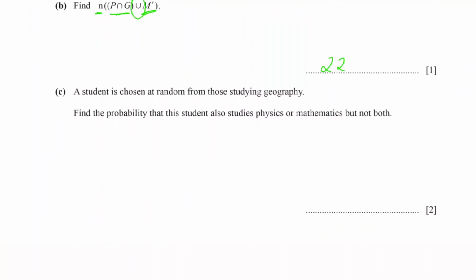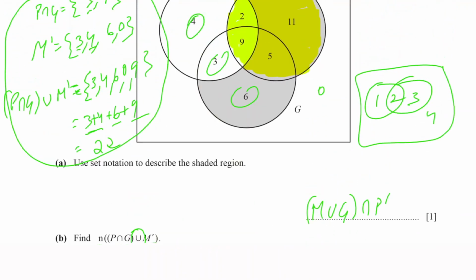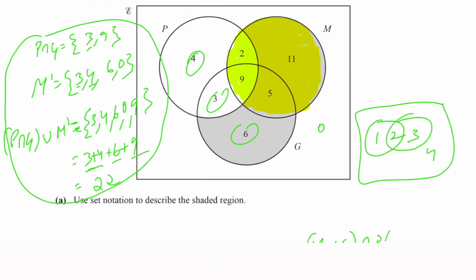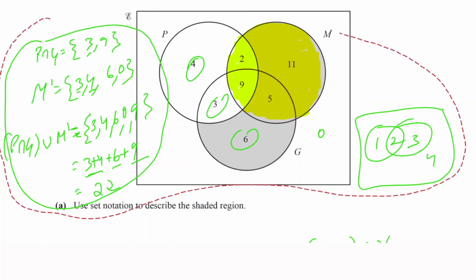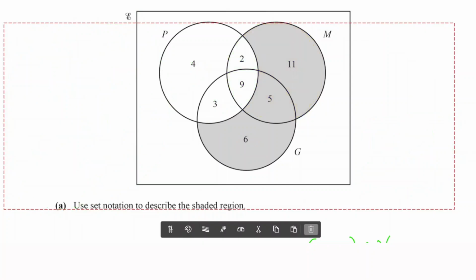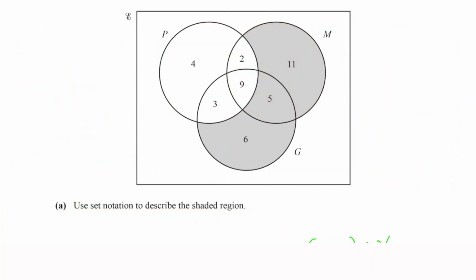Okay. Part C. A student is chosen at random from those studying geography. So how many students are studying geography here? May I rub this one? Actually, it will be easy for me to understand. Okay, how many students are here studying geography?